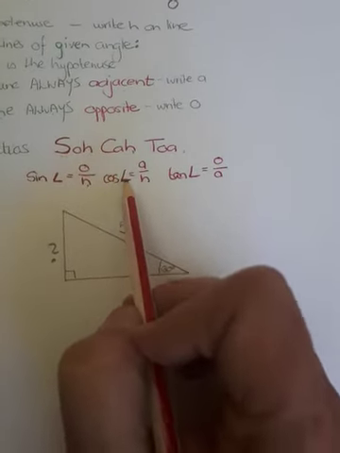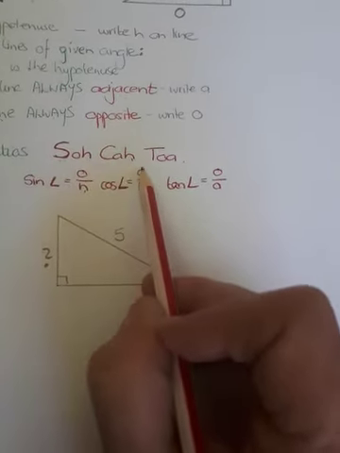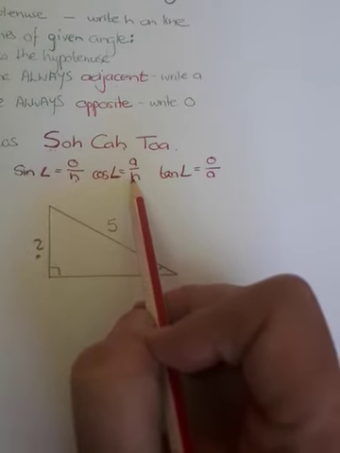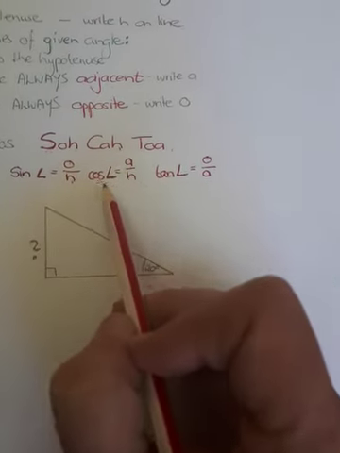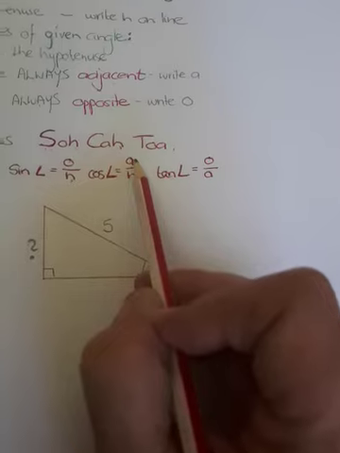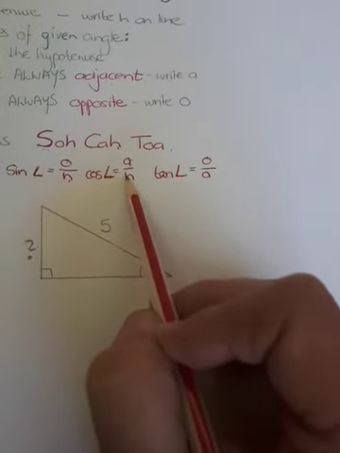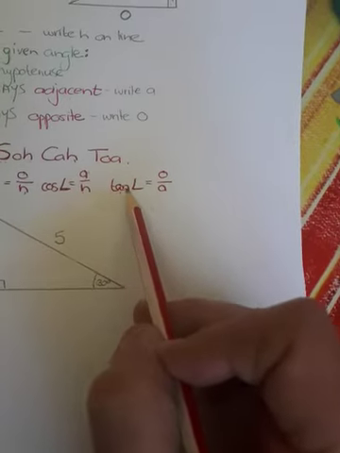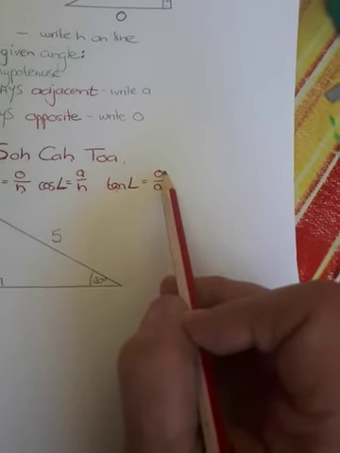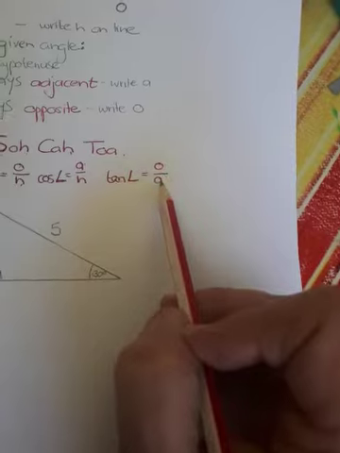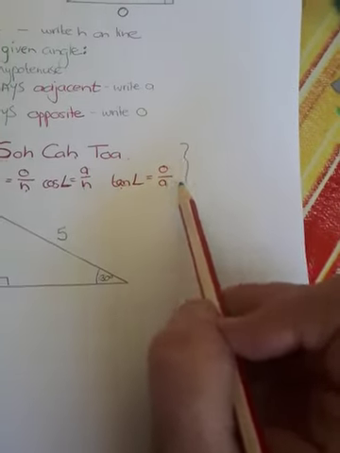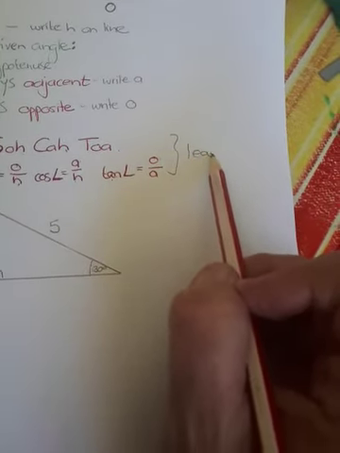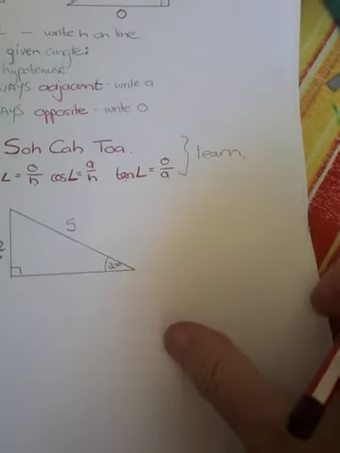The cos of a specific angle is the adjacent side divided by the hypotenuse. So cos always refers to the ratio of adjacent and hypotenuse. Then the third trigonometric ratio, the tan of an angle, always refers to opposite divided by adjacent. This, people, you must just simply learn and remember.